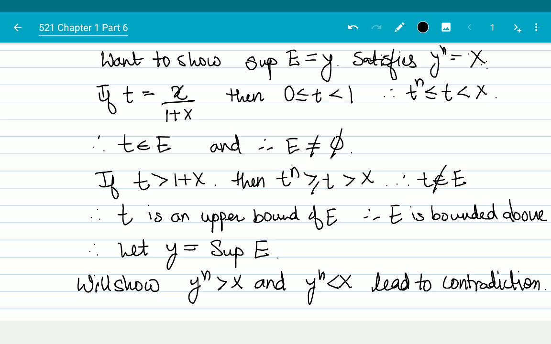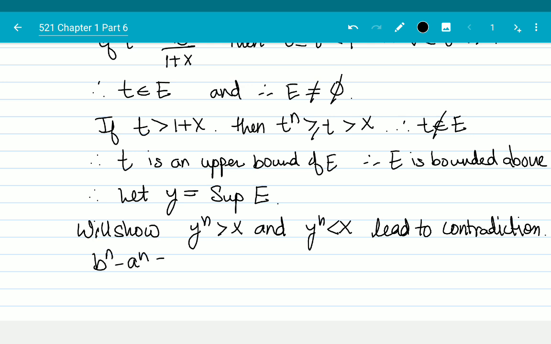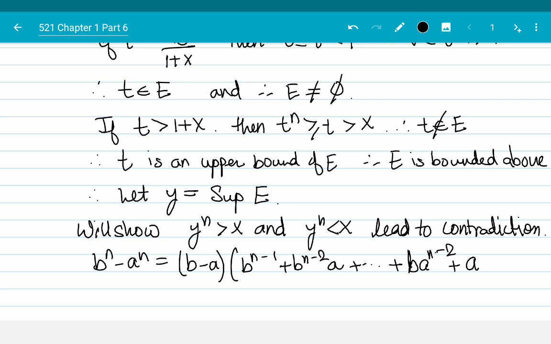Okay, so first notice that B to the N minus A to the N is equal to B minus A times B to the N minus 1 plus B to the N minus 2 A plus dot dot dot plus B A to the N minus 2 plus A to the N minus 1.